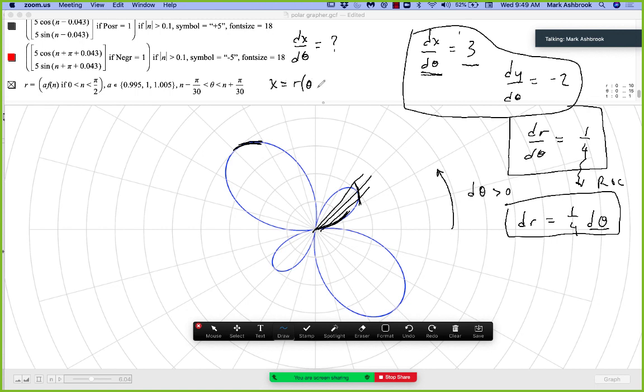In this function, r is a function of theta, so x is r of theta times cosine theta. And then how do we get dx d theta? Product rule, right? We're going to take the product rule because r is a function of theta, r changes with theta, and then times cosine theta, which gives us x. So we're going to need the product rule to do that.